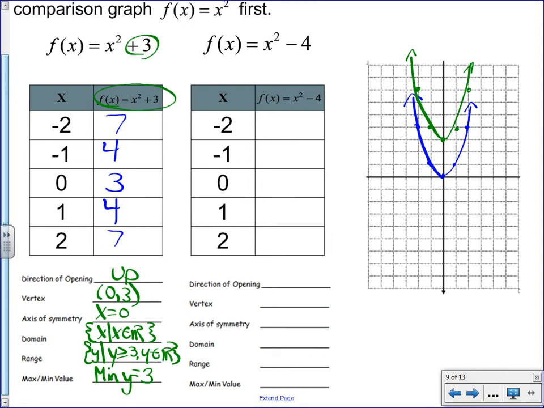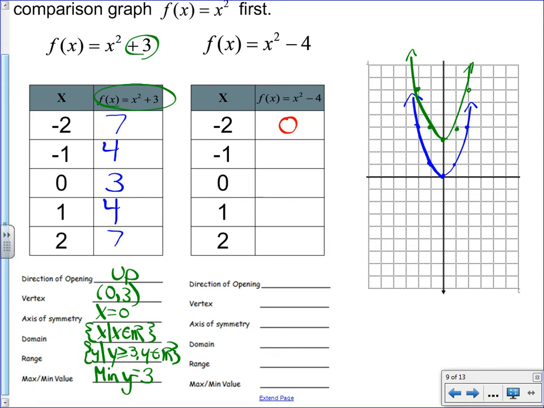Okay. Danielle, going to my next one here, I now have x squared minus 4. So what will I get here? When f at negative 2, negative 2 squared gives me 4, 4 minus 4 gives me 0. Carissa, f at negative 1, what do I get there? So sub negative 1 in for x.